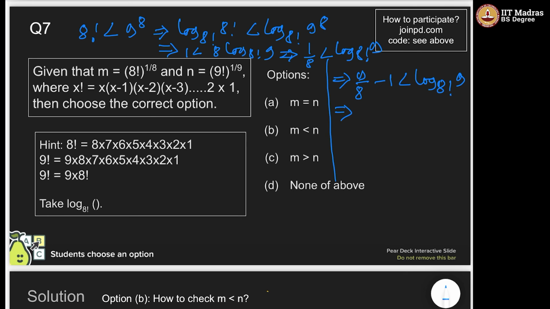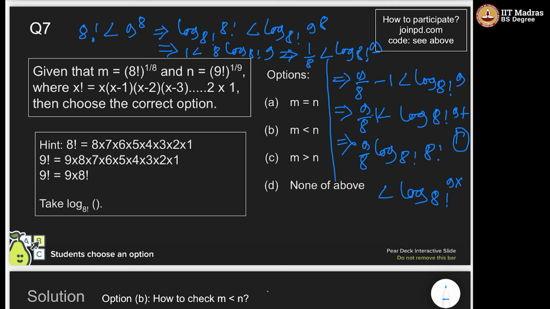Now 9 by 8 is less than log_(8!) 9 plus 1. We are just taking 1 from the opposite side. Now if we consider the 1 as log_(8!) of 8 factorial, then we can write it as 9 by 8 into... log_(8!) of 8 factorial, so this will be less than log_(8!) of 9 into 8 factorial.